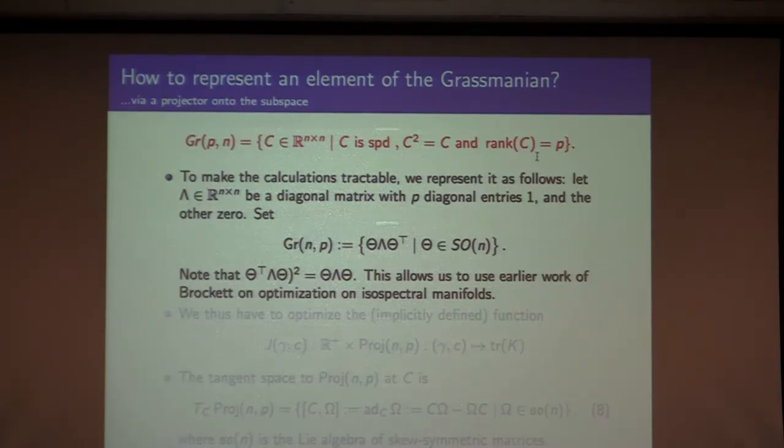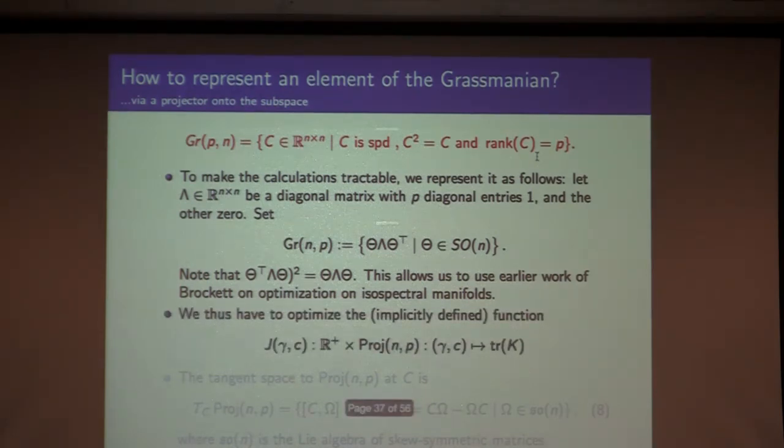So this is a nice representation of the space of rank p projectors. I'm going to also call this space Proj(n, p), the space of projectors in n-dimensional space onto p-dimensional subspaces. Okay.